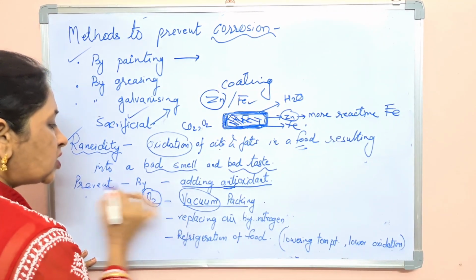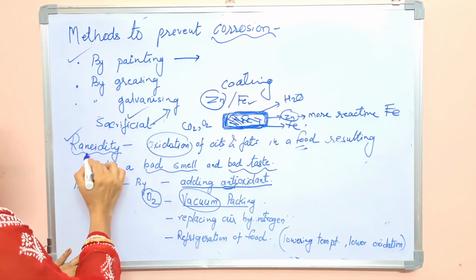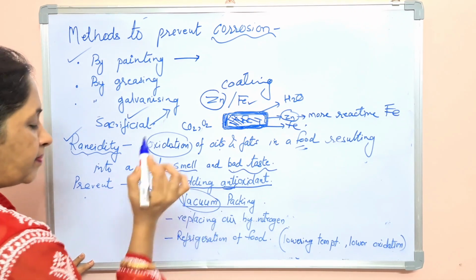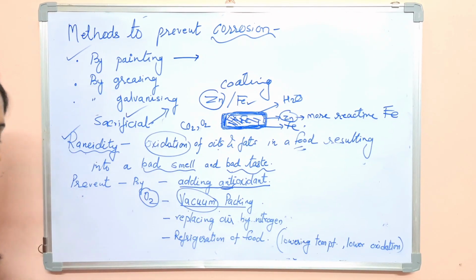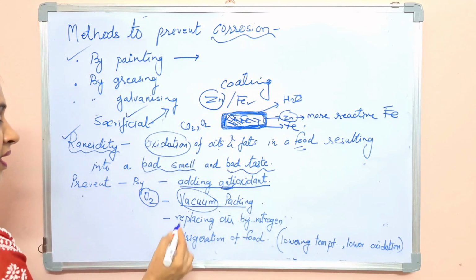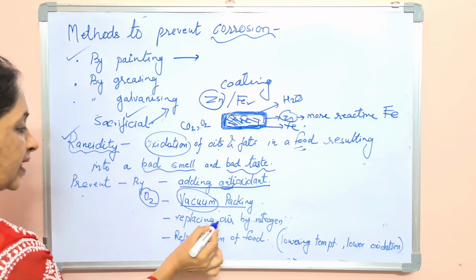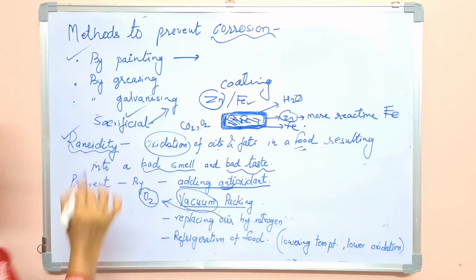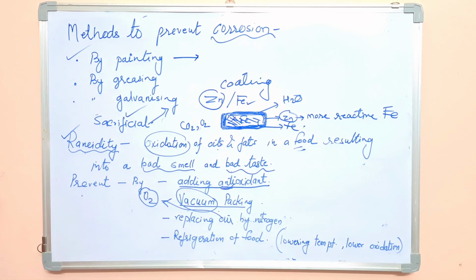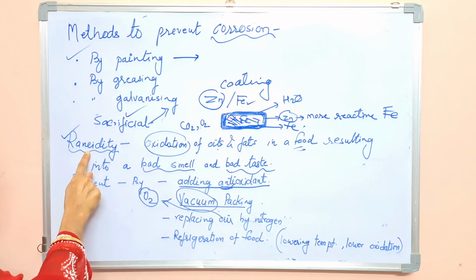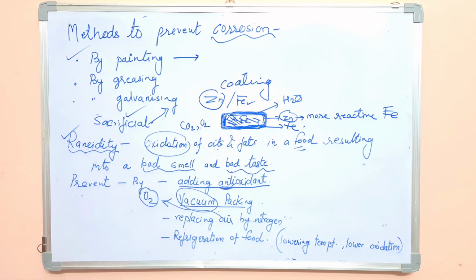If oxygen is absent, rancidity can't take place. Next, the third method is replacing air by nitrogen. In the air, oxygen is present. So if you replace air by nitrogen, then definitely we can prevent the rancidity.